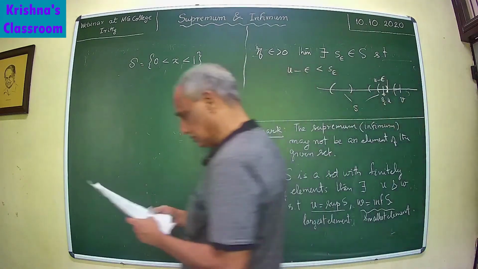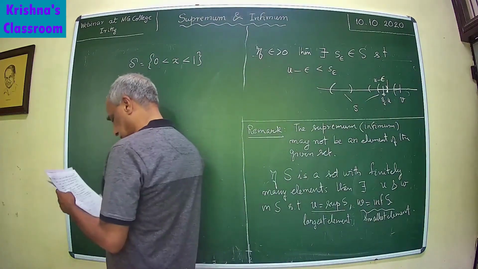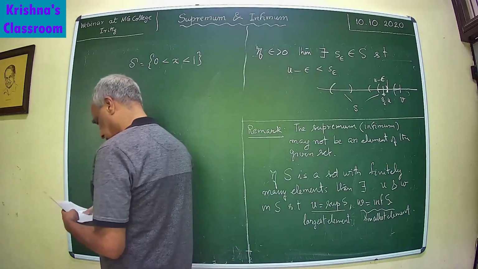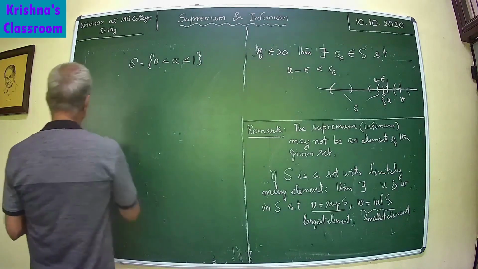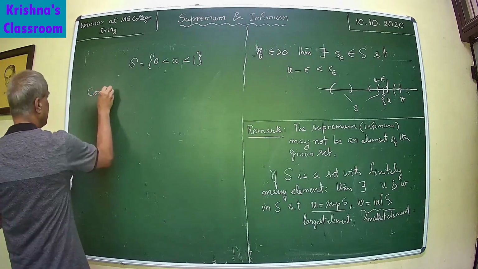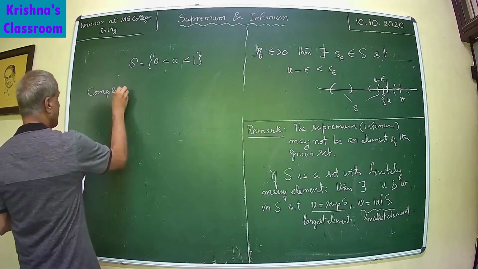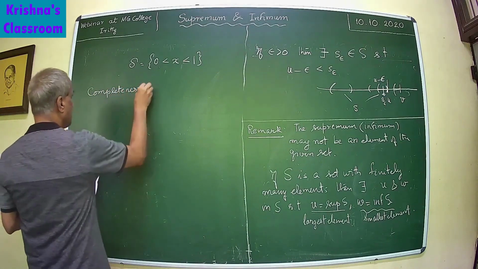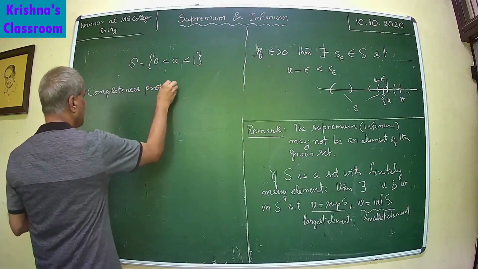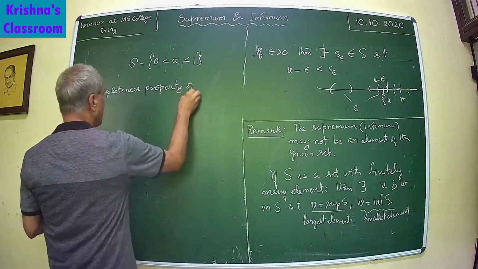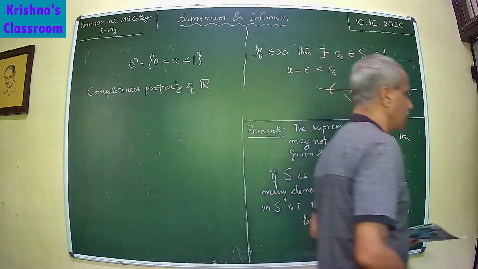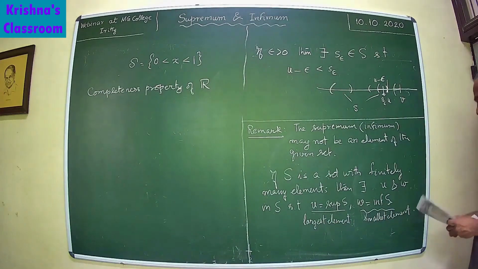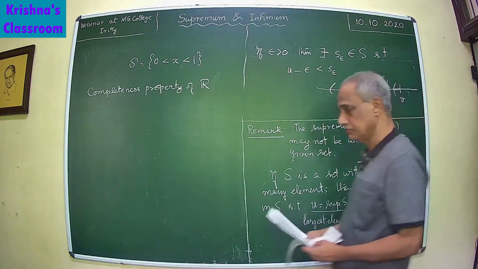So these are the three things. So what you call the completeness property is something which enables you to talk about the existence of supremum and infimum.